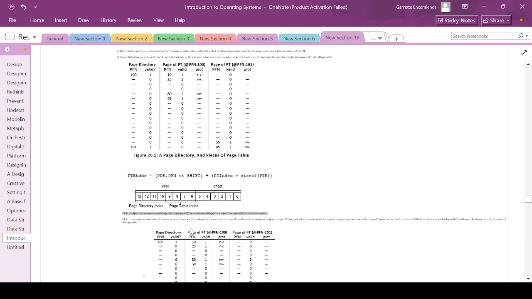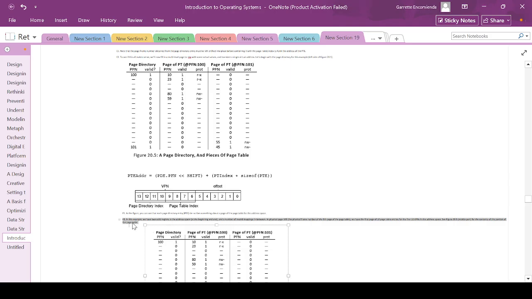In this figure, you can see that each page directory entry, PDE, describes something about a page of the page table for the address space. So this 100, is it valid? If it is valid, the page directory tells us whether that page of the page table is valid or not.